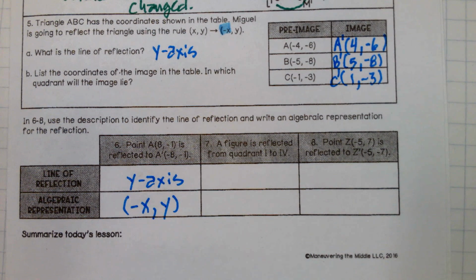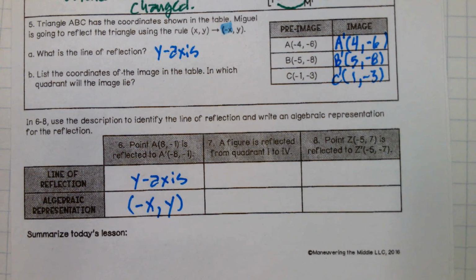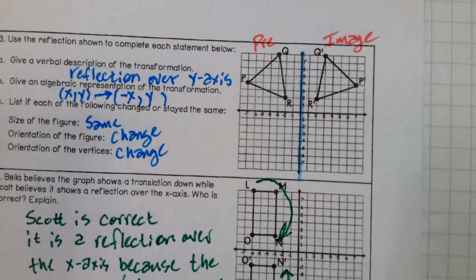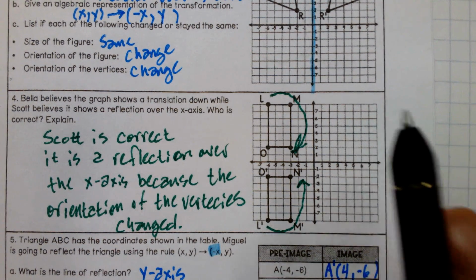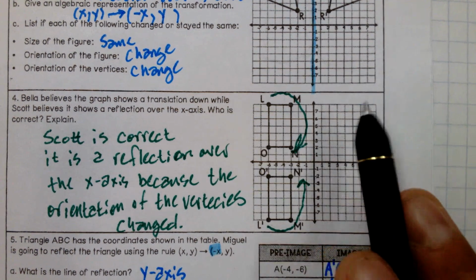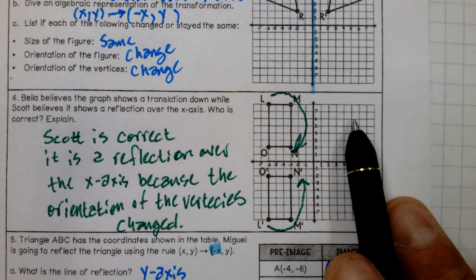Let's take a look. The figure reflected from quadrant 1 to quadrant 4. So we got to know our quadrants. Let's look at the graph above. Where is quadrant 1 on this graph? Oh, this one, right. Okay. So this is, and then it's going to flip from here to quadrant 4.